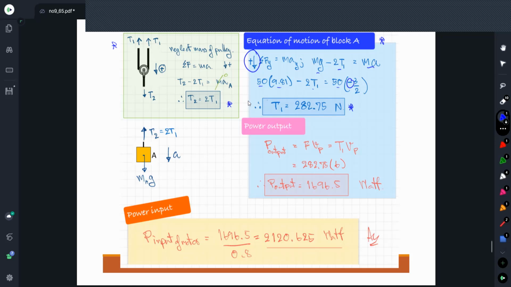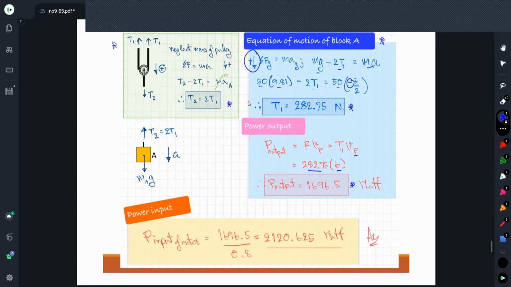We already found the force, and the velocity at this moment is equal to 6 meters per second, given from the problem. Now we have the power output equal to 1,696.5 watts.